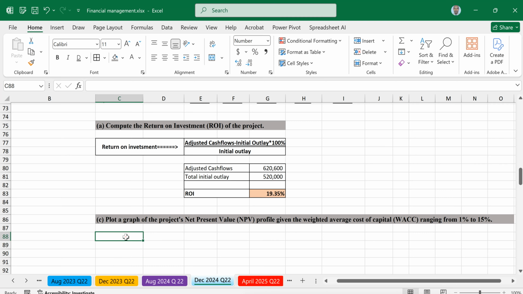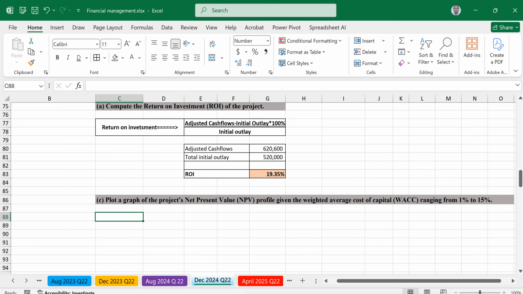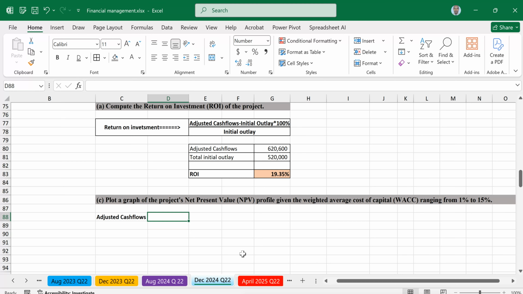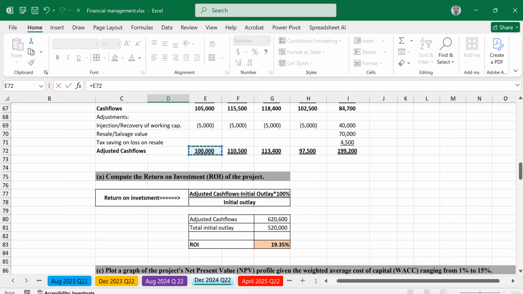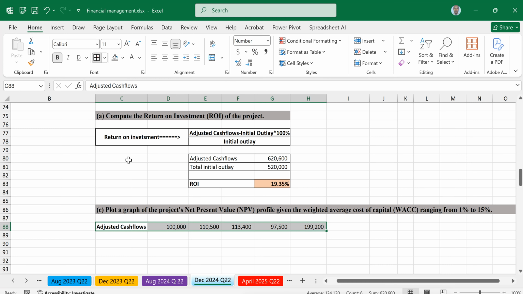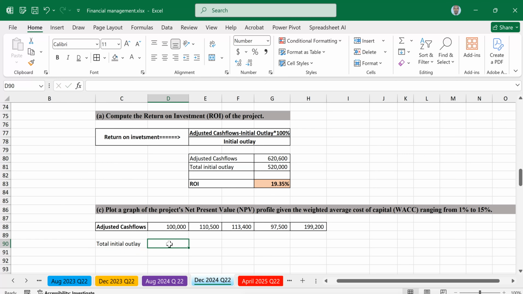Now what you do here, you bring our values because we want to compute NPV. So get the adjusted cash flows up here, from 1,000 to the last, adjusted cash flows over the period. Apart from adjusted cash flows, also bring the total initial outlay. The total initial outlay is equal sign negative 520 because it's an outflow.